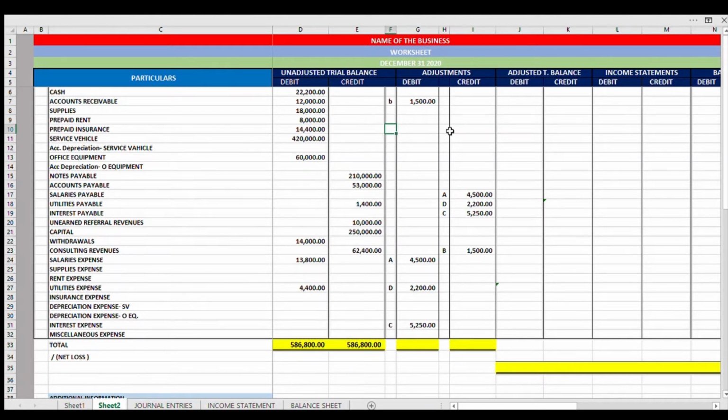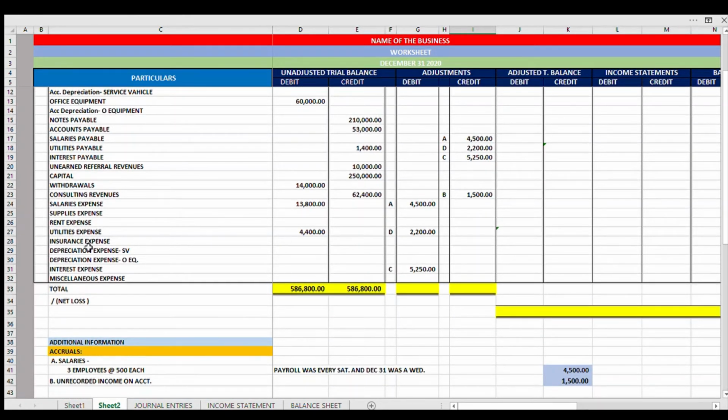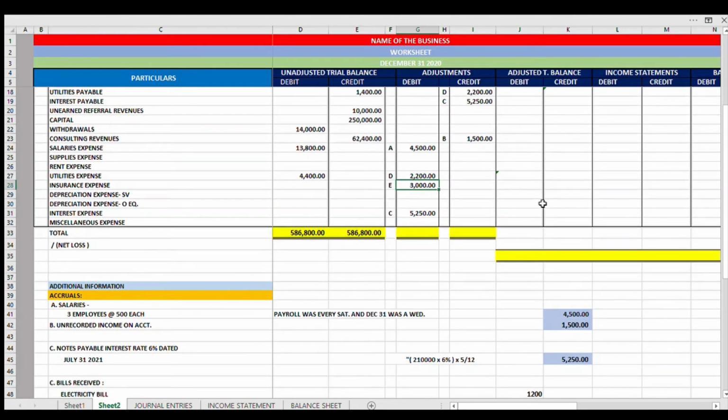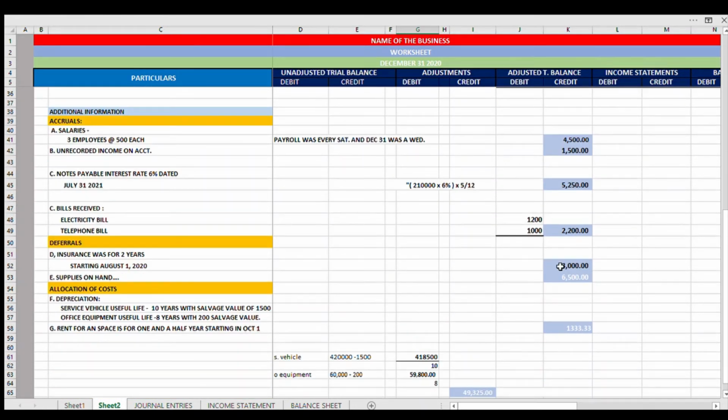3,000. Okay? So, let's enter 3,000 and insurance expense is 3,000. Okay? So, next one, no? Supplies on hand daw ay 6,500. Yun ang sinabi sa information.